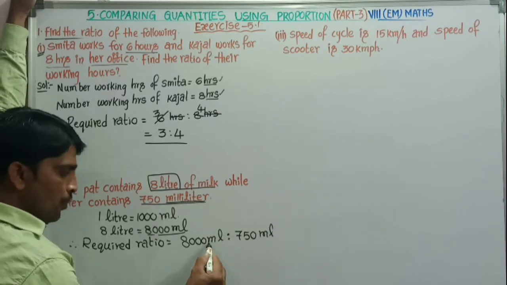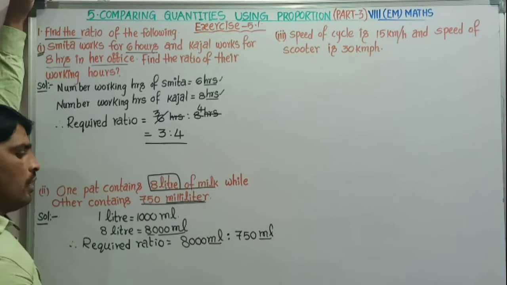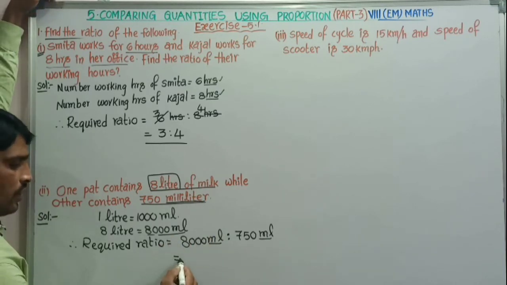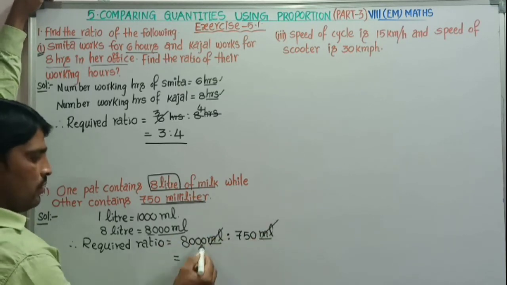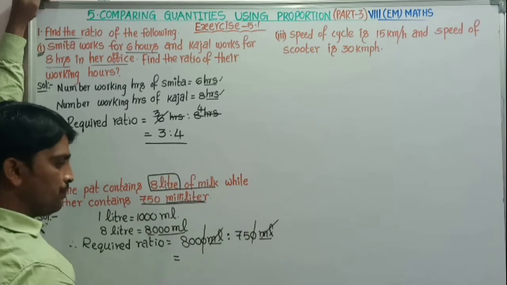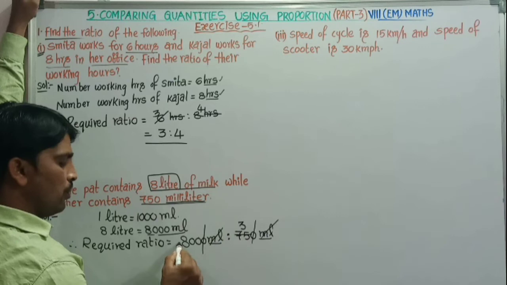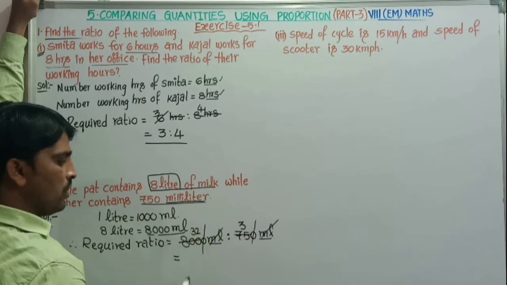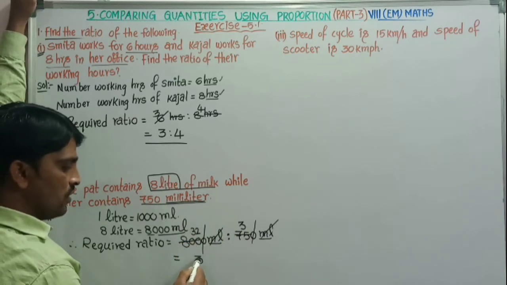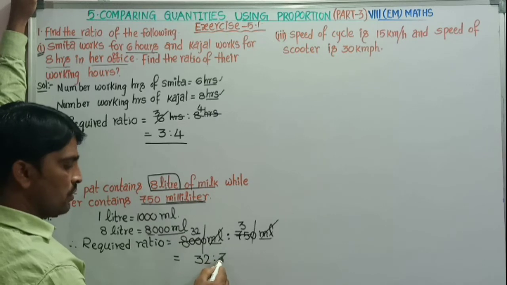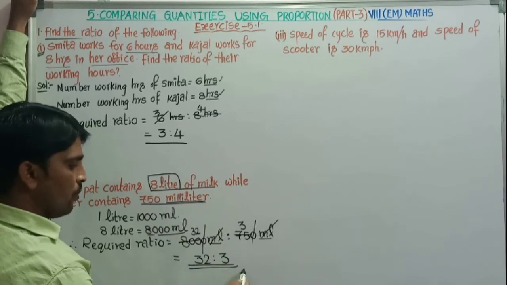Yes, units are the same, so we can compare these two quantities. Zeros get cut. 25 threes are 75, 25 thirty-twos are 800. That is 32:3. Okay.